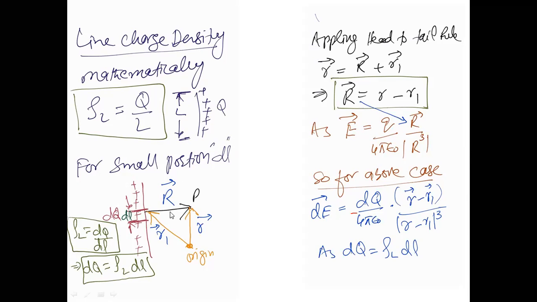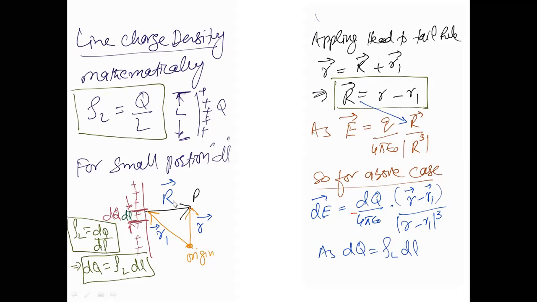Have a look at this vector diagram. This is the point of observation, these are the source charges, and this is the origin. The source charges are apart from the origin by distance r1, while at the point of observation we have the test charge, which is apart from the origin by a distance r.